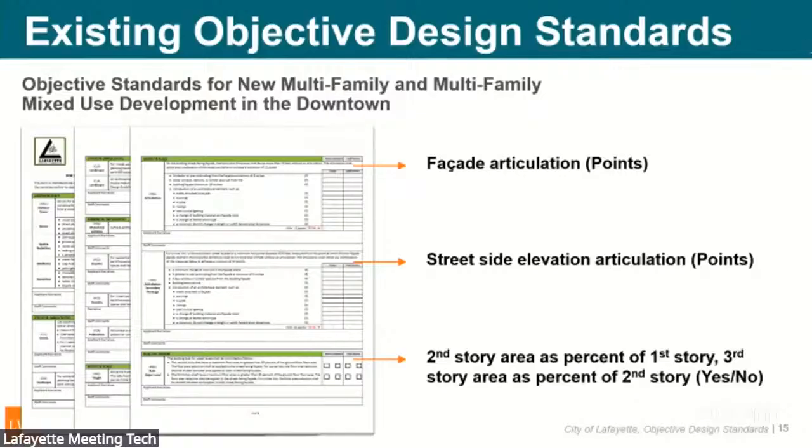And then we had already looked at these in developing the basic development standards for the new zones. We did so again with an eye towards design and understanding from the community what sort of design features you're looking for.